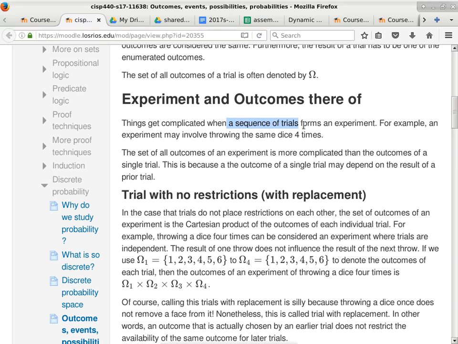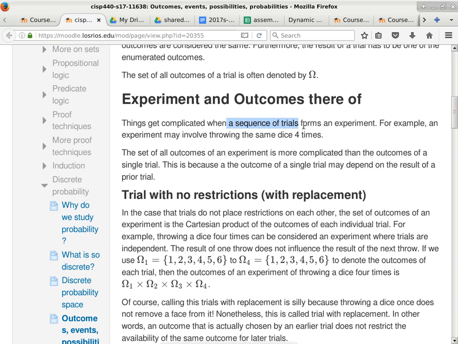So now you have 3 slots to fill in, and since when you throw a dice it cannot be without replacement, because after you throw a dice once, the dice does not become a 5-faced dice, right? So now the second one also has 1, 2, 3, 4, 5, 6 as potential outcomes, and the last one also has 1, 2, 3, 4, 5, 6 as the potential outcome. Is that okay?